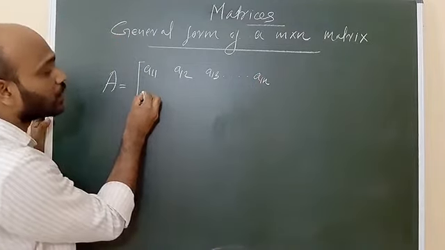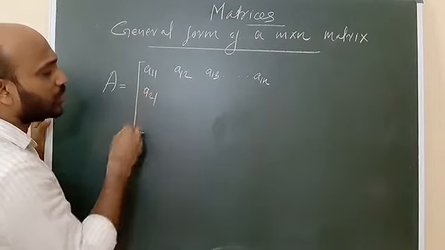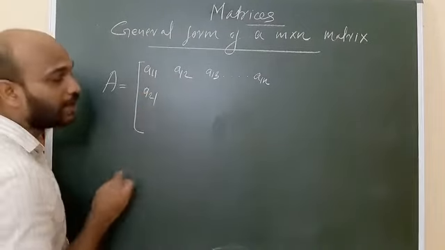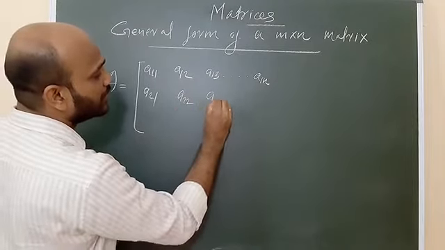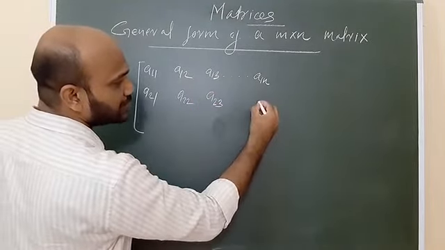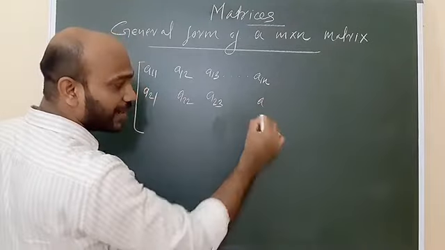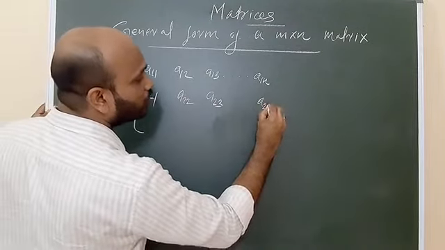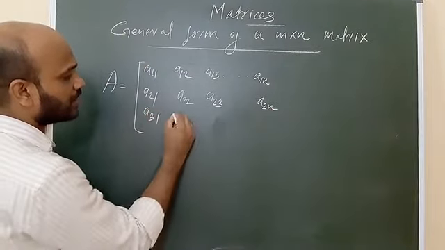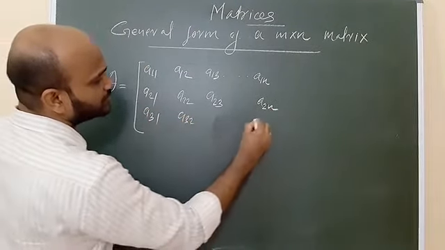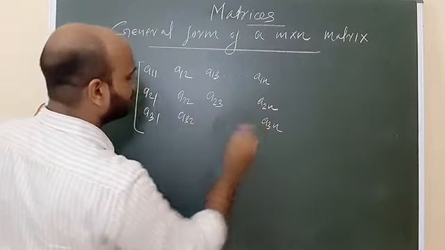Now the second row: A21, second row, first column. And this element is A22. And this one is A23, etc. The last element in the second row will be A2n. Then A31, A32, etc., A3n.